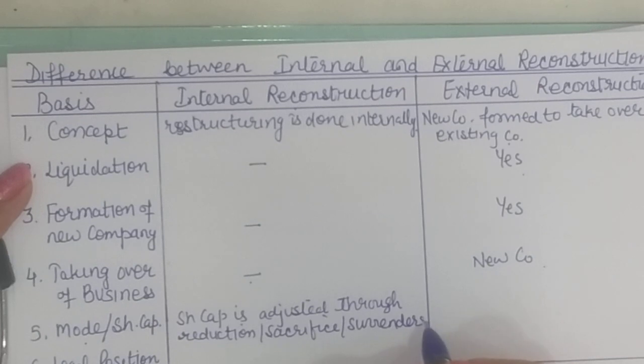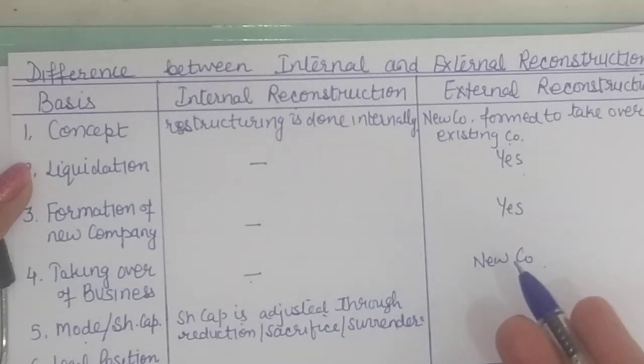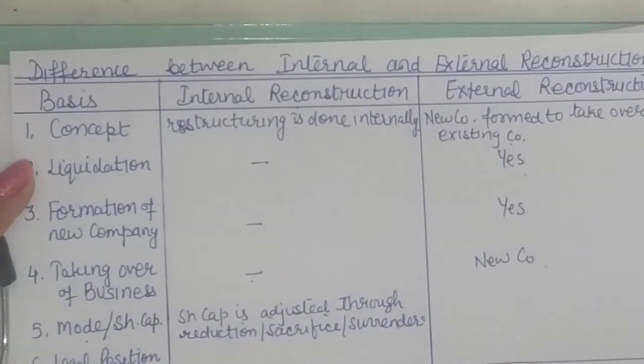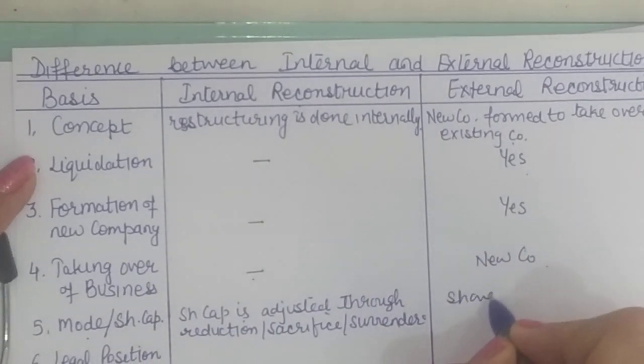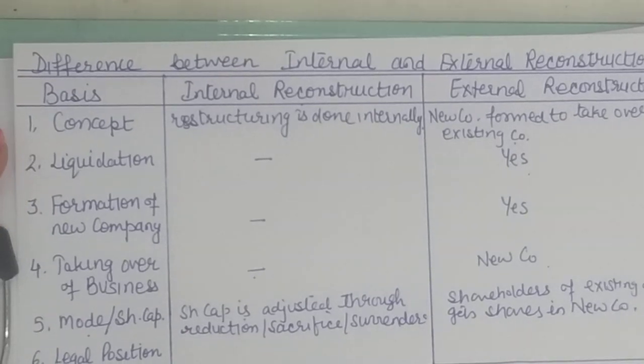So your existing shareholders sacrifice a part of their capital, they surrender a part of their capital claims, or their capital goes into restructuring in the form of subdivision of shares, consolidation of shares. Whereas in external reconstruction, nothing of this sort happens, but the shareholders of the existing company get shares in the new company against the purchase consideration.